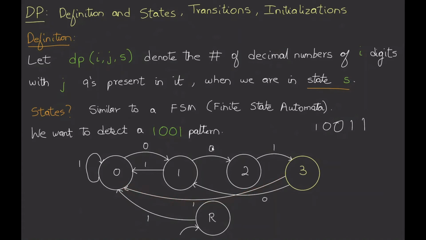So now we are back to the first condition, that is in a 1001 we are at the first one, because we have to start from here now. And now if we have a 001, we'll again come back to state 3. So the same thing repeats. Okay, so basically based on which state we are currently present, we know whether we have detected a 1001 or not. So I hope this is clear.